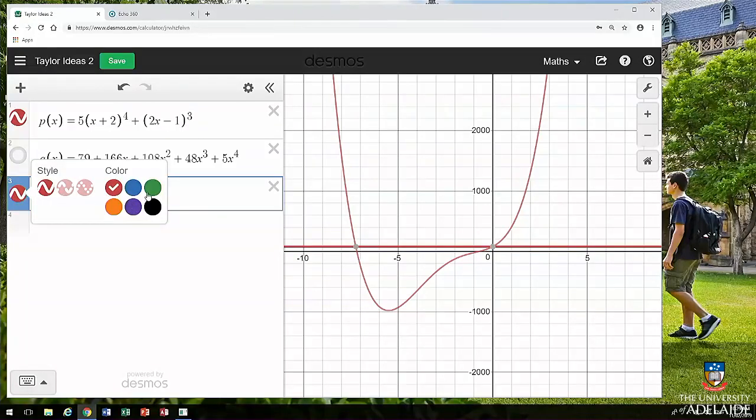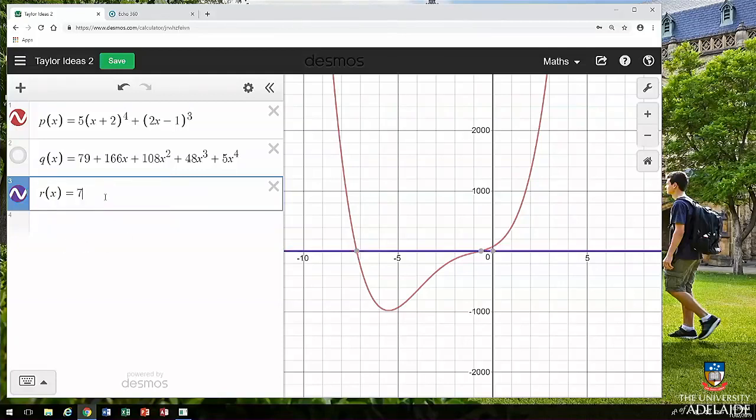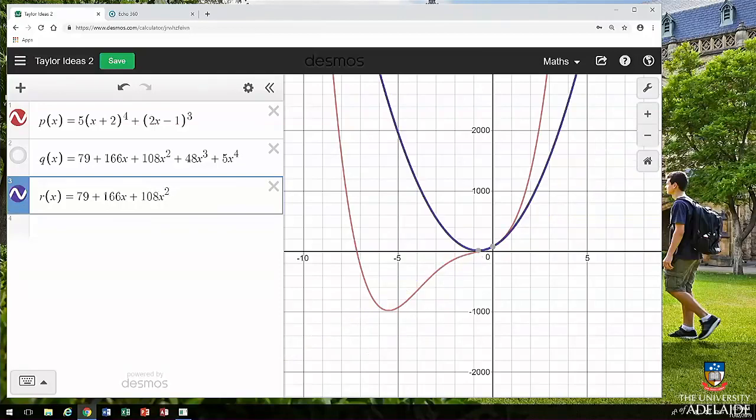There we go. Purple. That's nice. 79 plus 166x plus 108x squared. It's actually looking pretty good already.